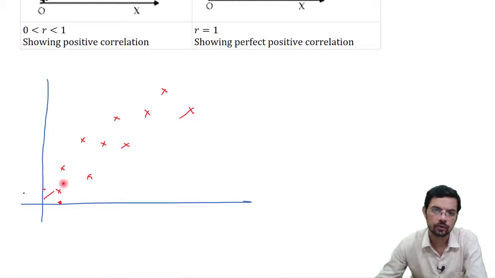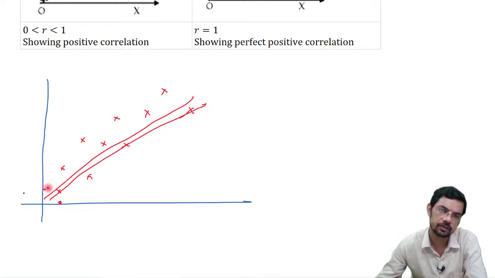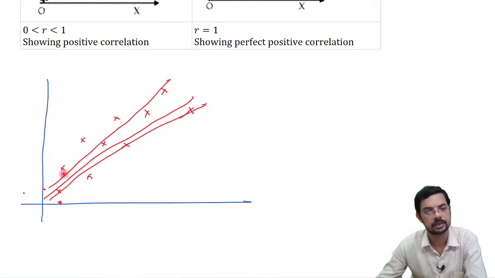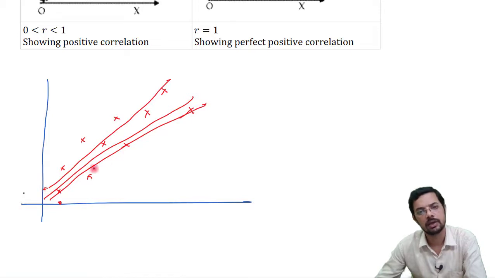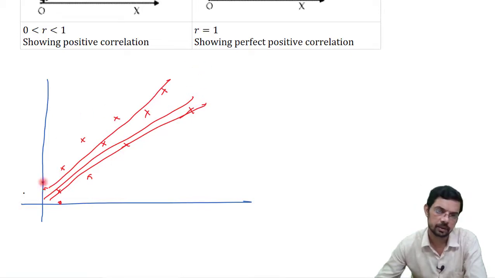So it shows an increase either this way or this way. It may be in any direction, but it shows an increased change in one variable with respect to the other. When x is increasing, y is also increasing. This is what we can observe from this.